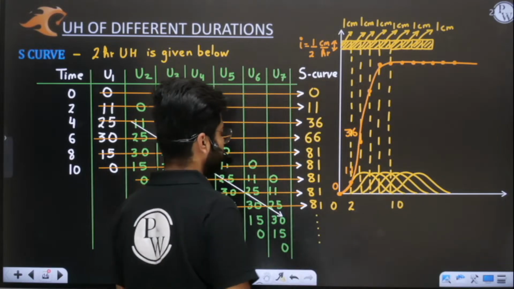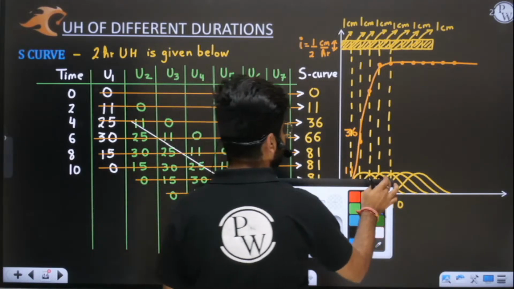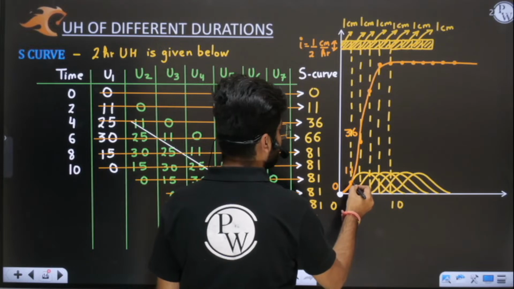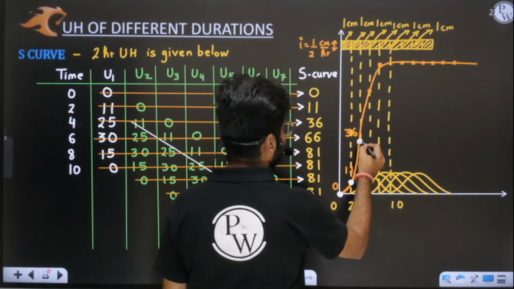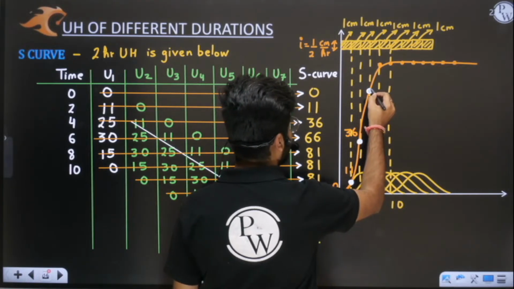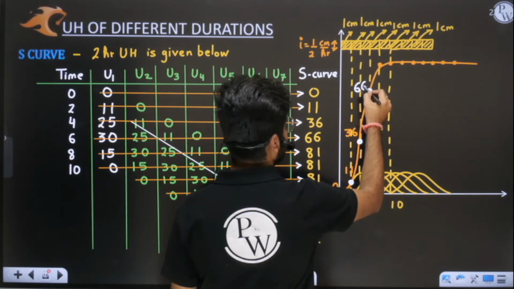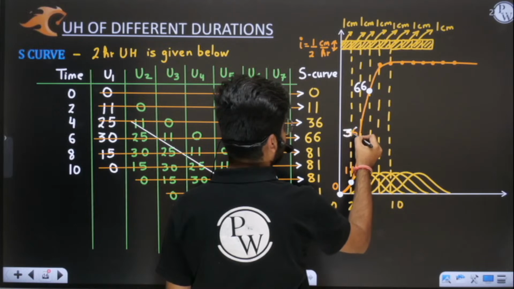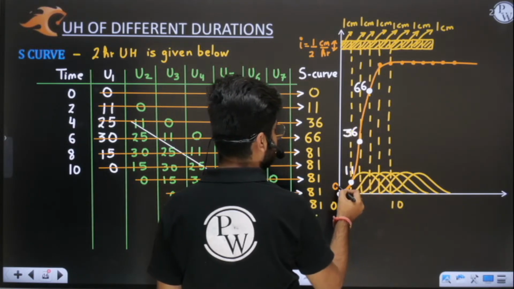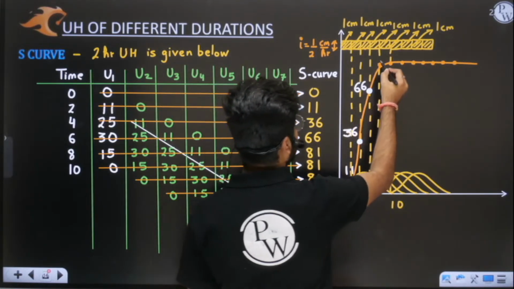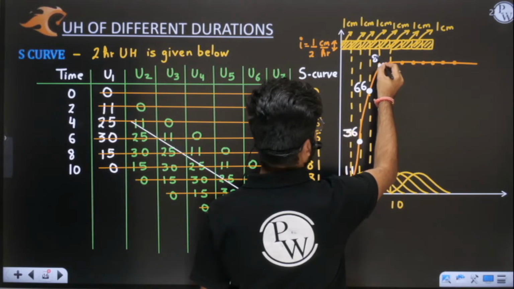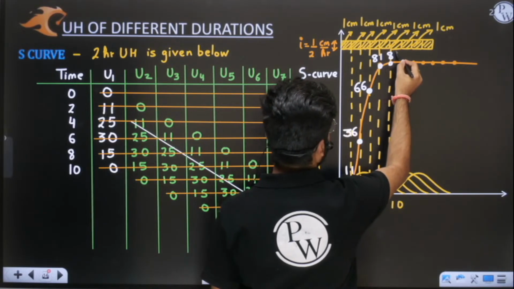This is your S curve, and these are the points. This is 0. This is 11. This is 36. This is 66. This ink is more contrasting. This is 81, 81, 81.